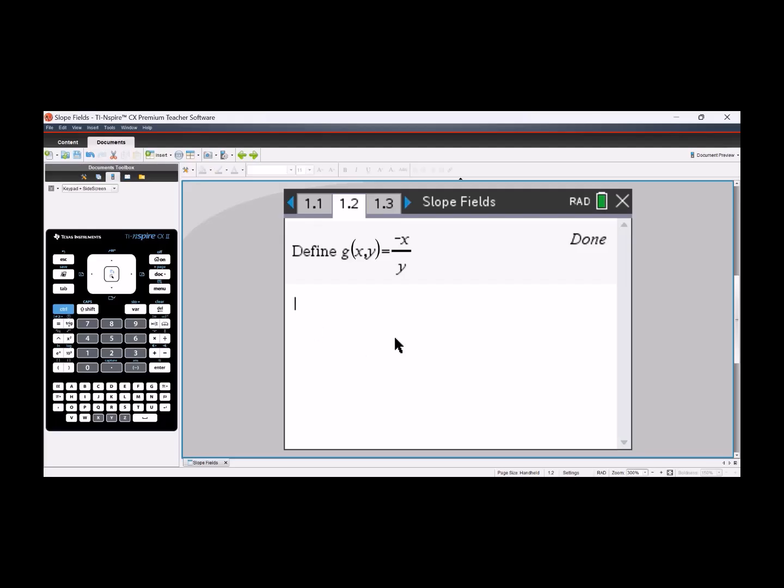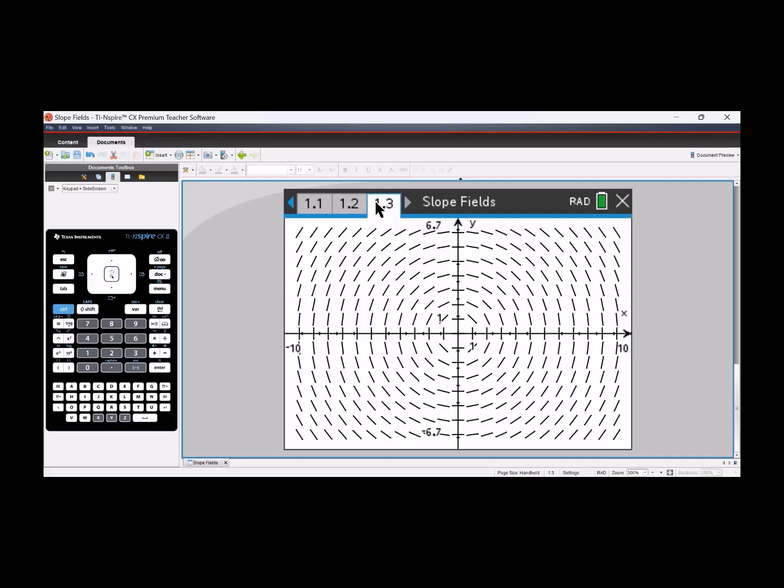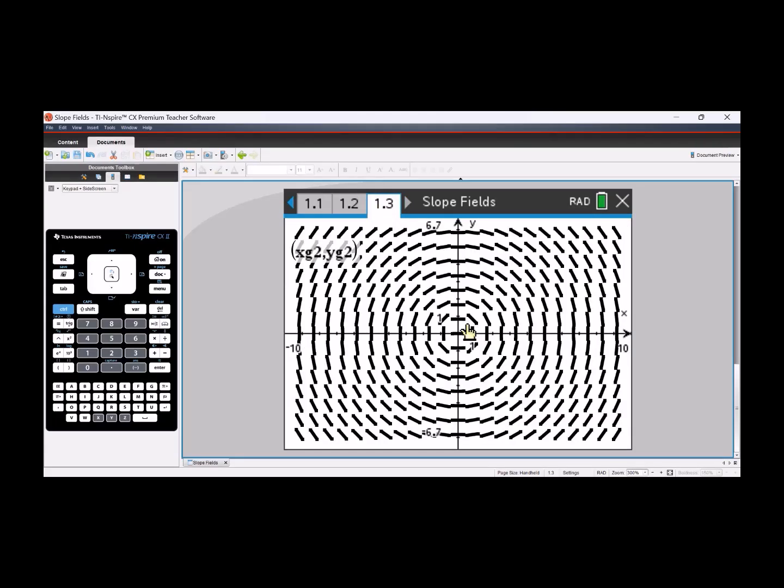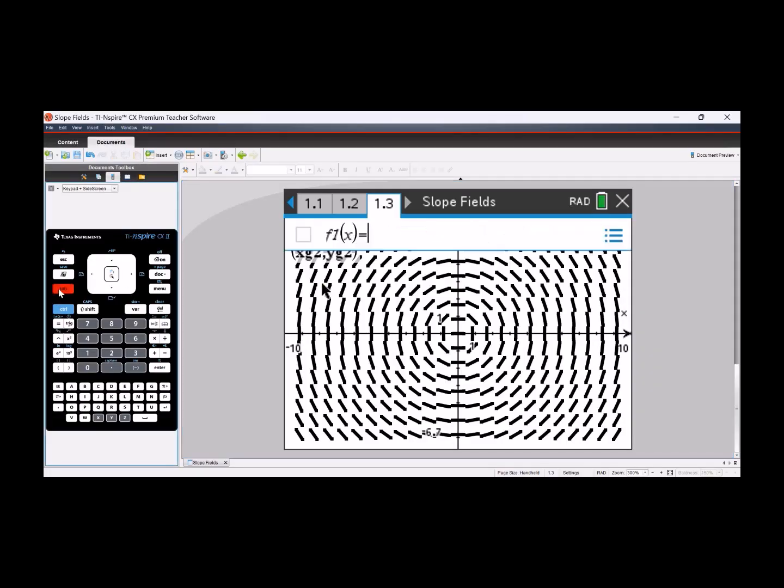So here we are, and we're going to define our g of x, y, our differential equation dy/dx, to be negative x over y. That's the same one we want. And we go look at our graph. Notice this is a family of circles, all centered at the origin. Now if I tab up, we can put in our particular solution.